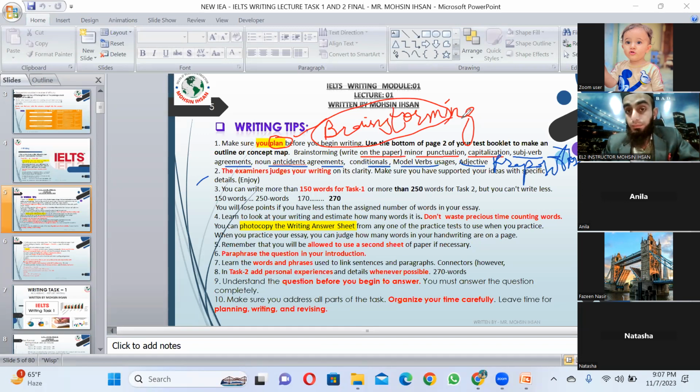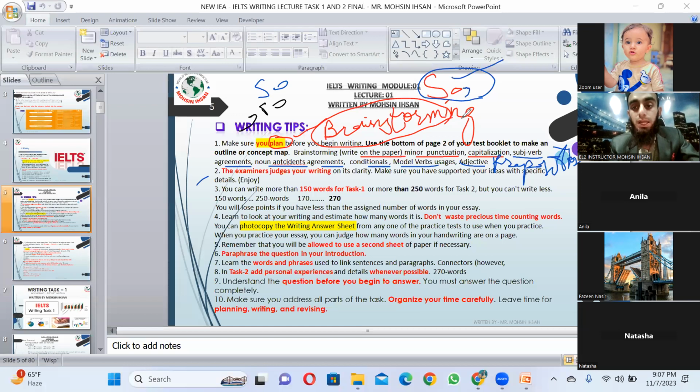And one more word, that is 'so'. If you use it in the middle of a sentence, then put a comma before 'so', but if you use it at the start of a sentence, then put a comma after 'so', right?